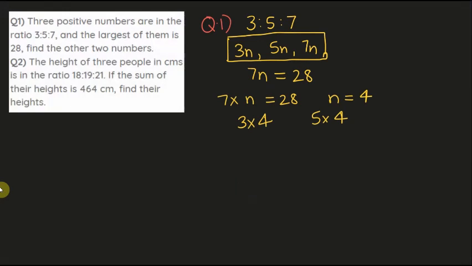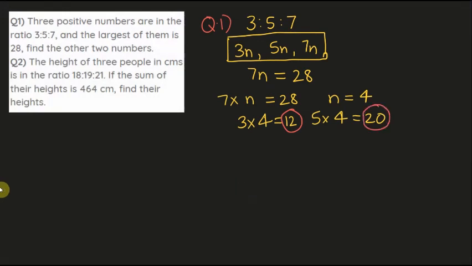Similarly, 3 and 5 will also be multiplied by 4, because the numbers are 3 into n, 5 into n and 7 into n. So 3 into 4 is 12, and 5 into 4 is 20. So let me circle them.